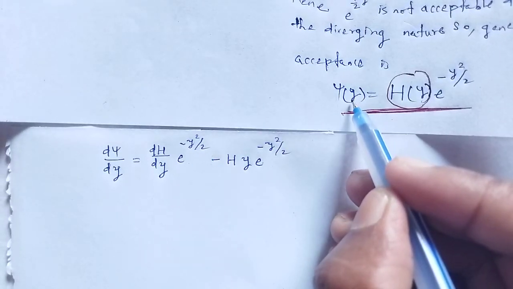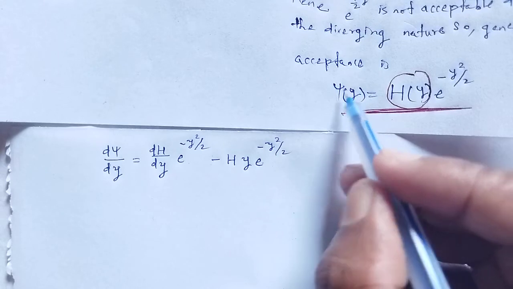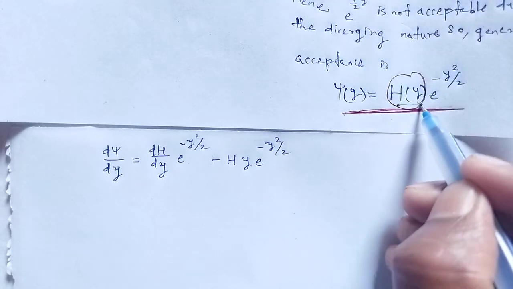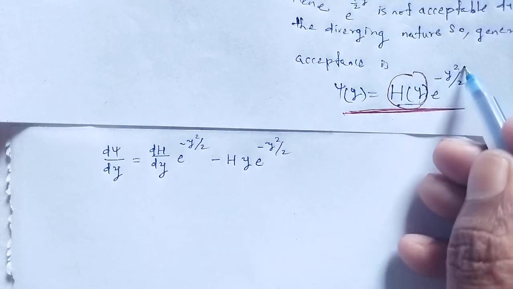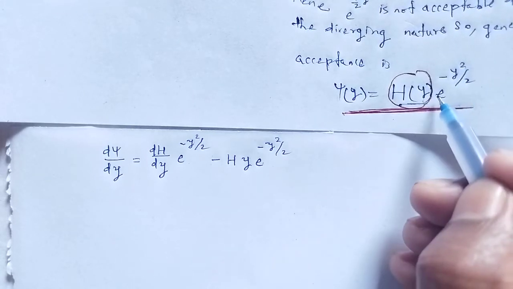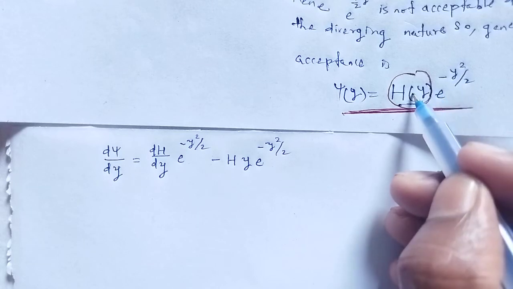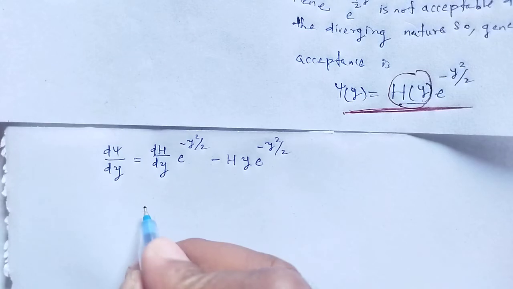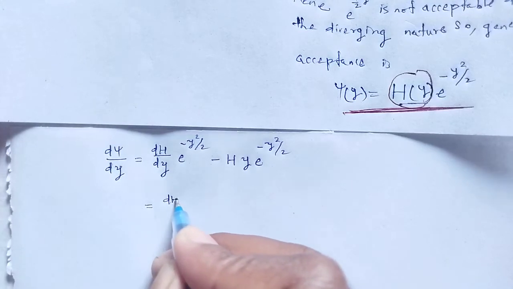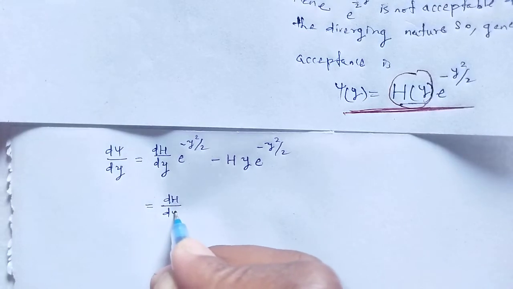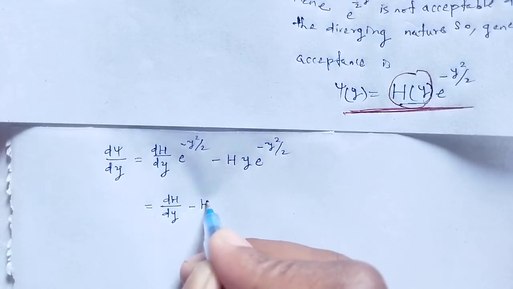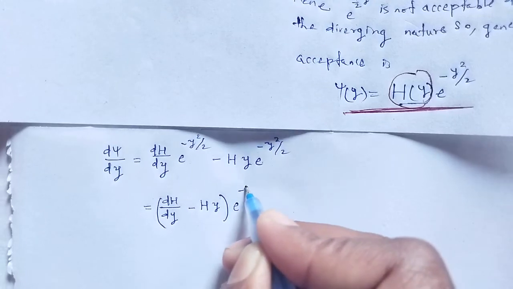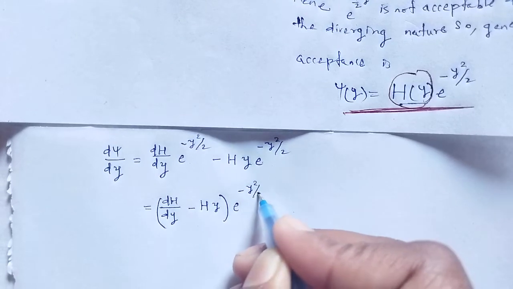Differentiating psi of y with respect to y, treat the first term as constant and differentiate the second one, and again treat the second one as constant and differentiate the first one. Taking common, dh by dy minus h into y, e to the power minus y square by 2.